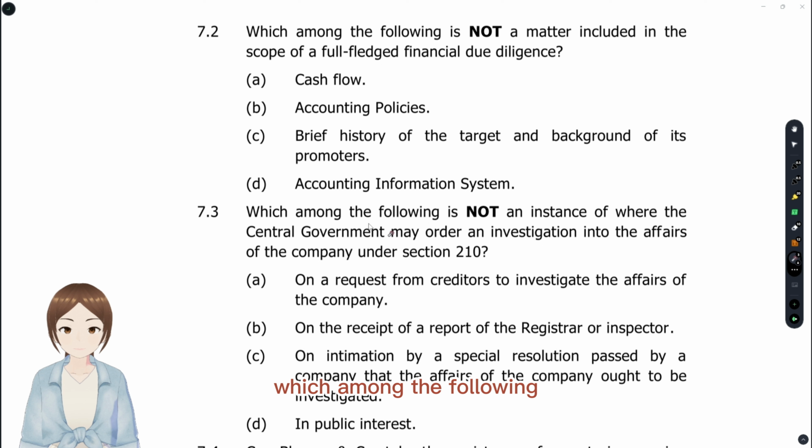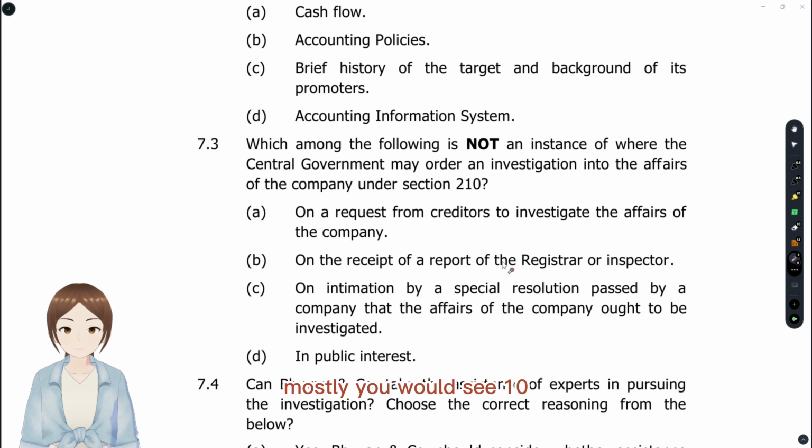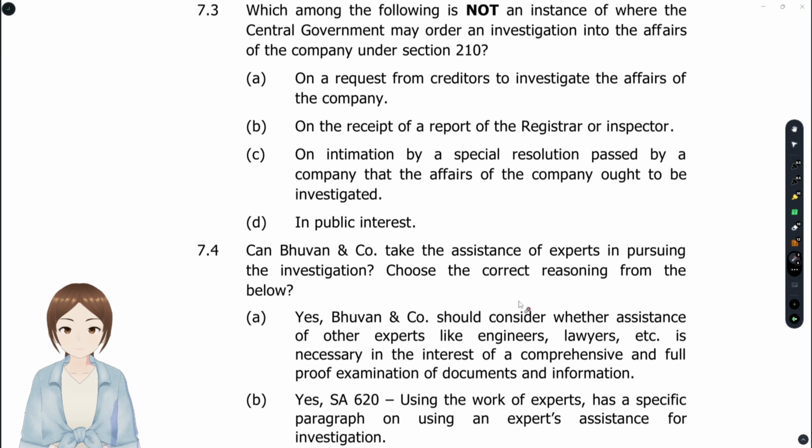Which among the following is not an instance where the central government may order an investigation into the affairs of the company under Section 210? Here we have to bring in the provisions from the Companies Act. Mostly you would see it in law, right?